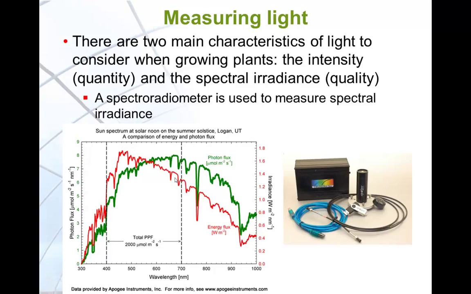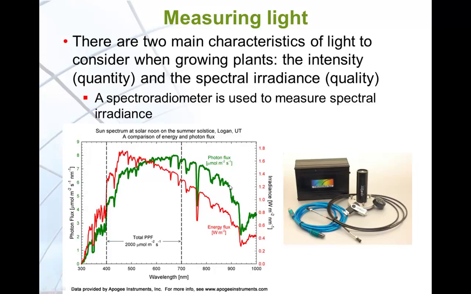To measure or quantify spectral distribution, the instrumentation we need to use is called a spectroradiometer, and that looks like the unit shown in this picture. And then the reading of this kind of equipment may be like this chart.